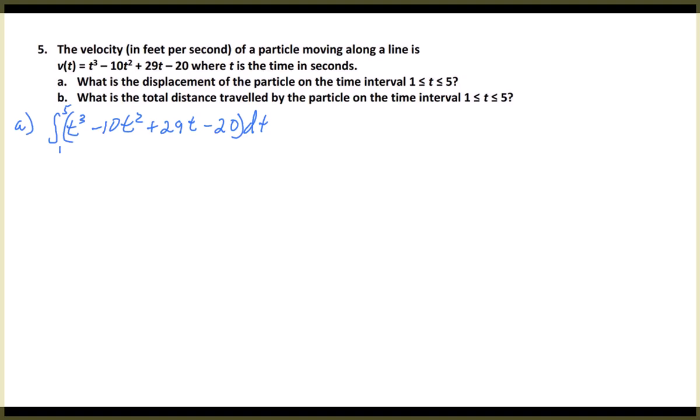Okay, I get the antiderivative. I'm going to evaluate that from 1 to 5. So every place I see a t, I'm going to plug in 5, and then I'm going to get those 4 terms. And then I'm going to go back and subtract the same thing by plugging a 1 in there.